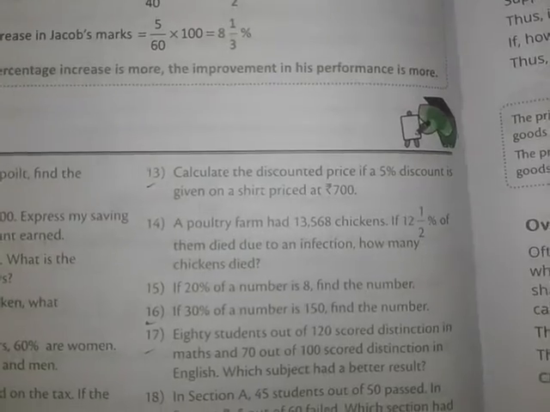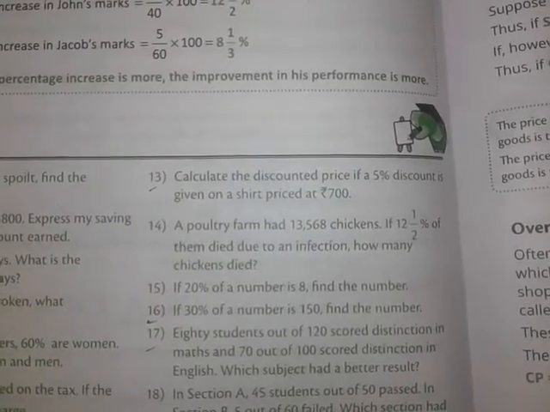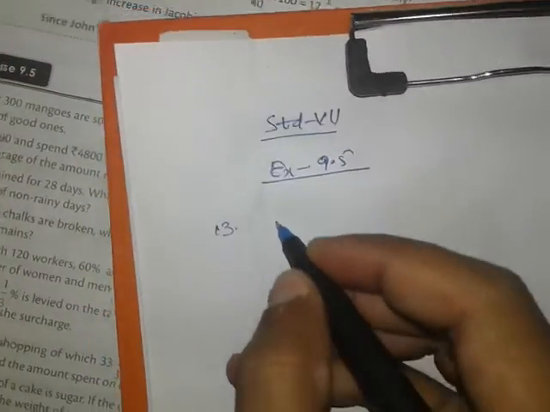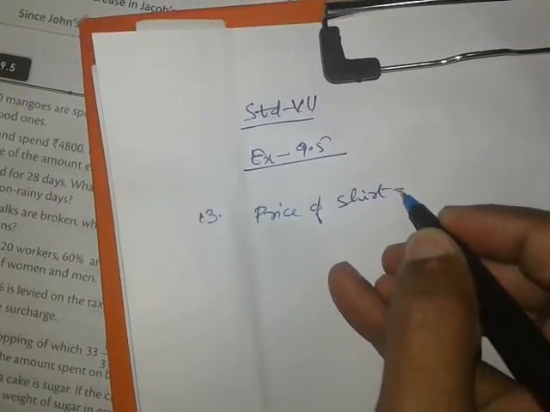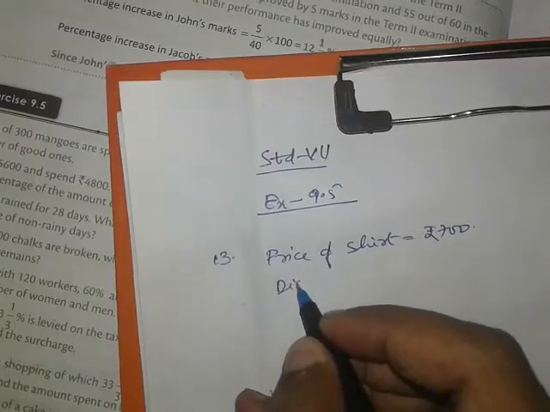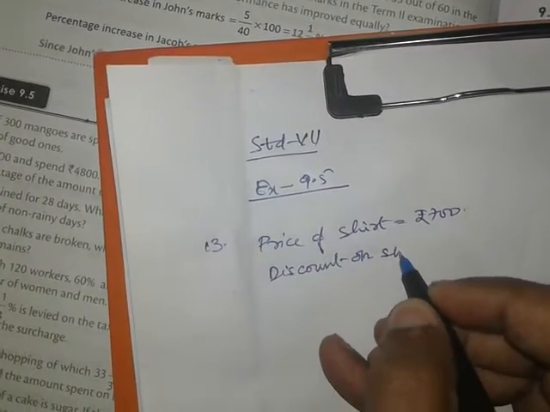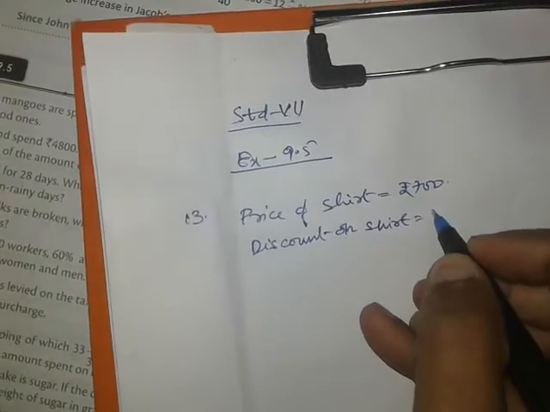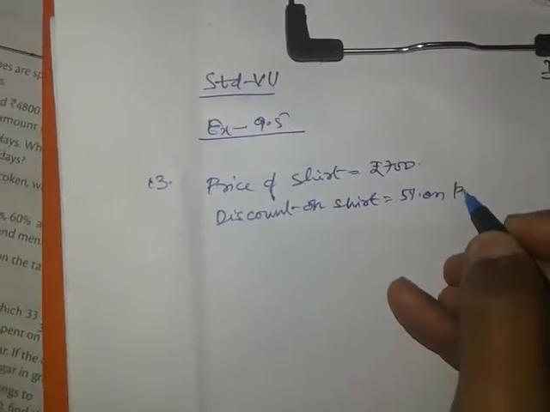Calculate the discount price if a 5% discount is given on a shirt priced at 700. So the price of the shirt is 700, and the discount on the shirt is 5% on the price.